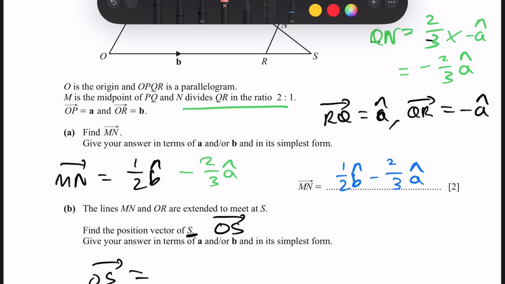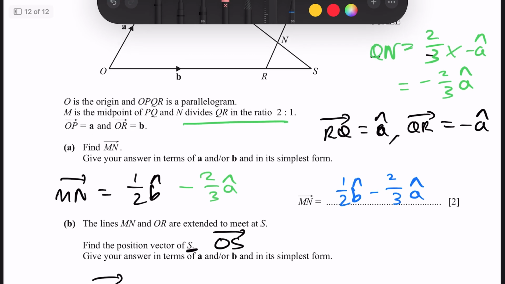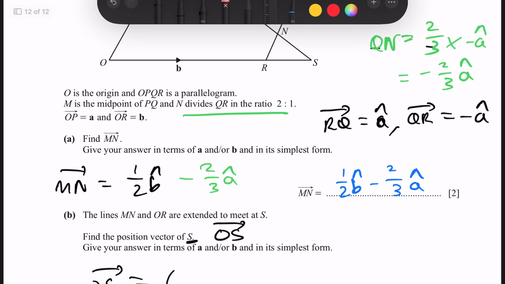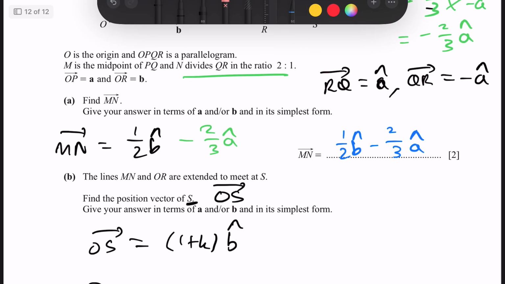How do we write this? We could write it as 1 plus K B for now. That's the first way of finding OS.